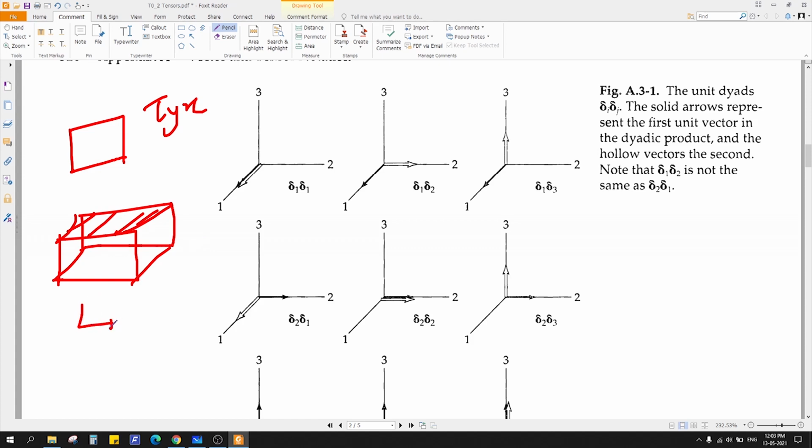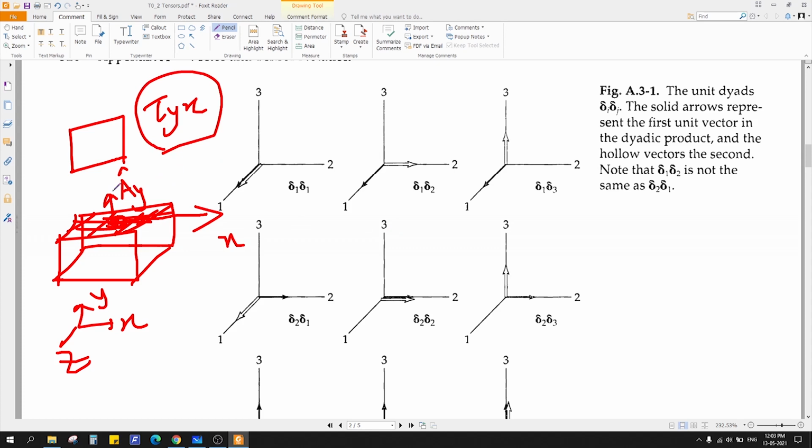If this is your coordinate system x, y, and z, in the up direction, this is your y. So the surface normal, the direction of this surface, is your y cap. So this is the area normal. And what is x? Suppose on this surface some force is acting in the x direction, right? There is some kind of shear force. So this is shear force.